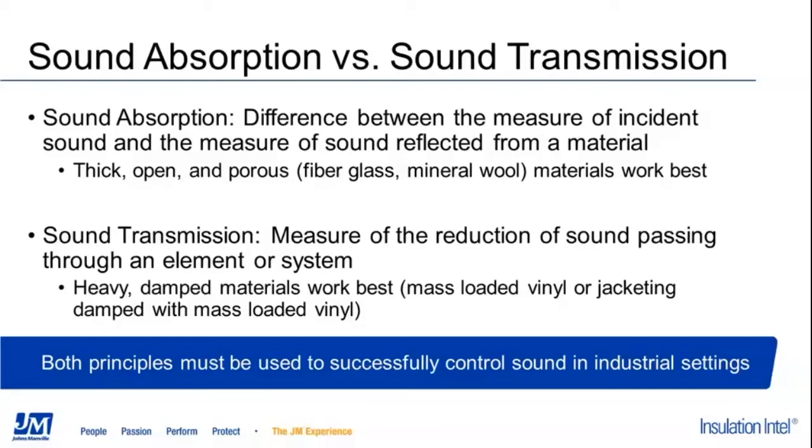Whereas on the sound transmission side, a reduction of noise via sound transmission is typically achieved by high mass materials or damped materials, where you are very frequently reflecting the sound back to the point of origin, or possibly damping the amount of mechanical vibration in a pipe or piece of equipment to reduce the amount of noise that it generates.